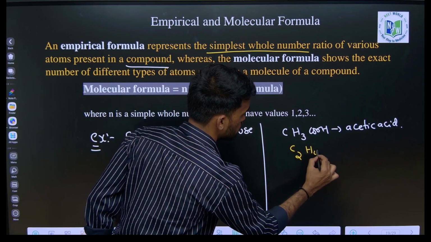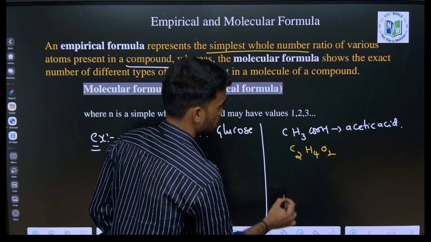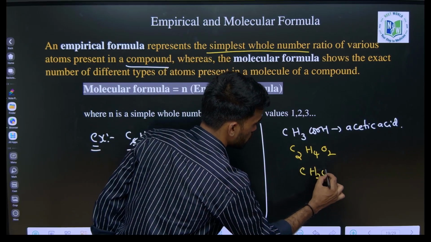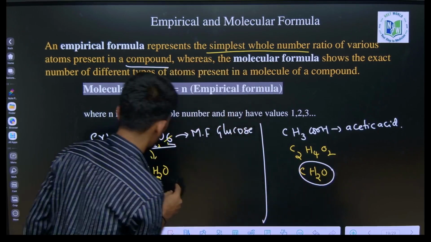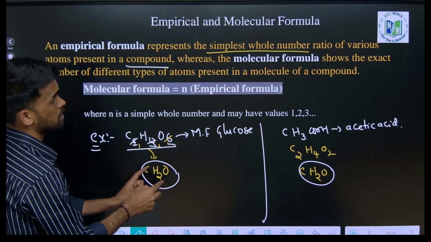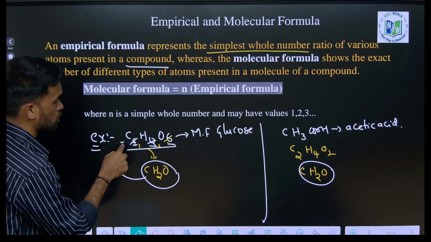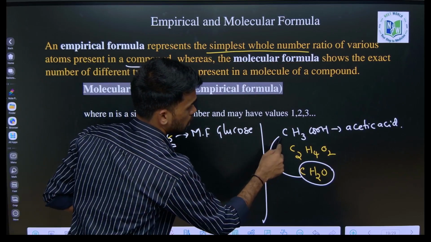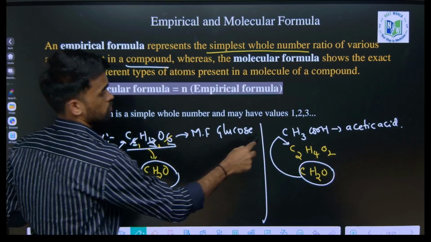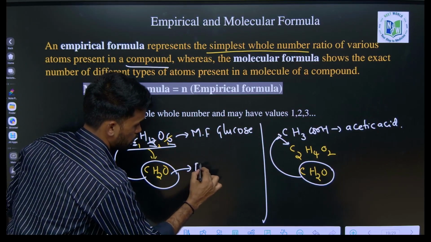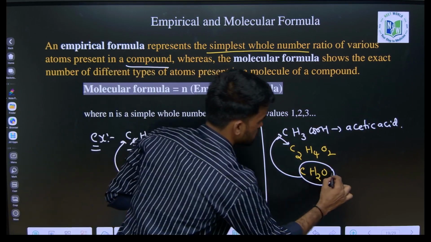How many hydrogens? 4. How many oxygens? 2. So here also I can write it as the simplest ratio, CH2O. So these are the simplest whole number ratio of various elements of this compound. These are called the empirical formulas of this compound.